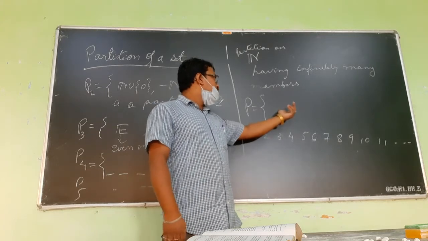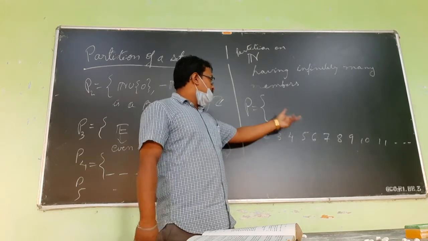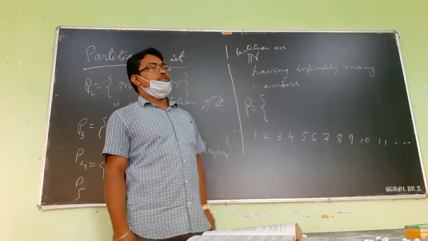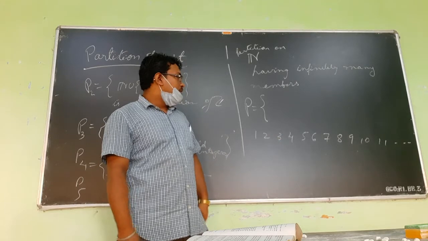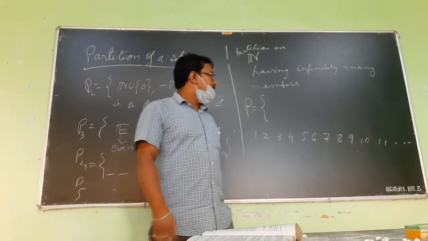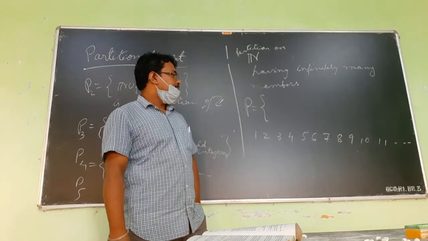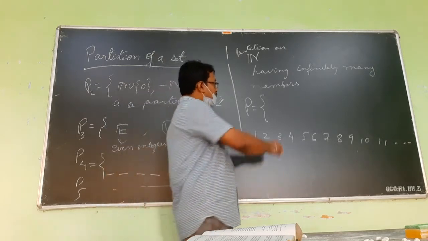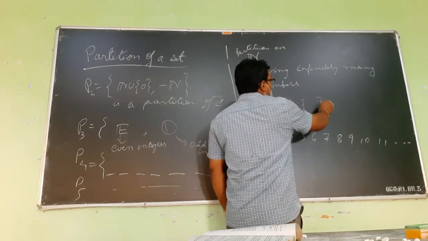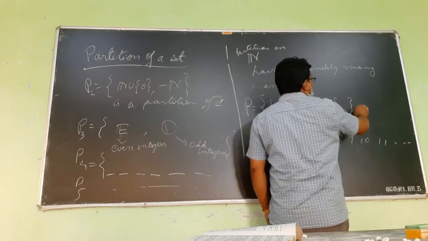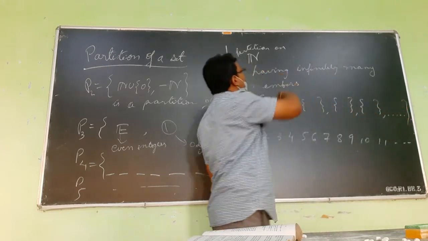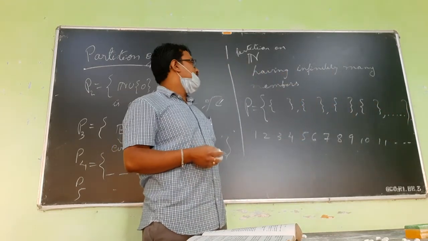Just think of something. Think. Try to think. How can we separate n into parts? Okay, another part. What should I take here? And I have to take something here, so that they are all disjoint, and their union is the whole set n. What is that? Very simple.